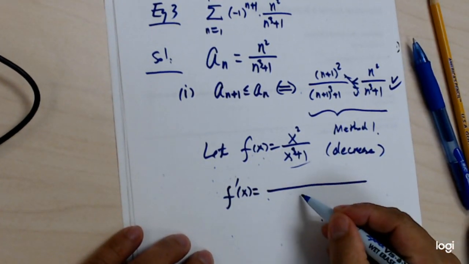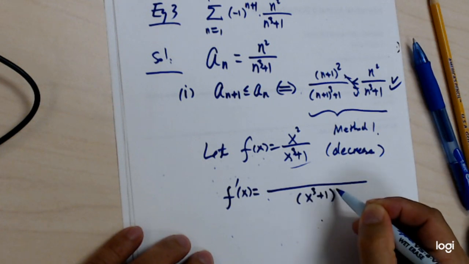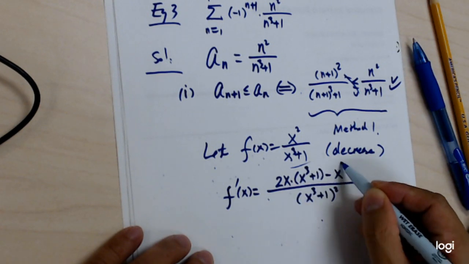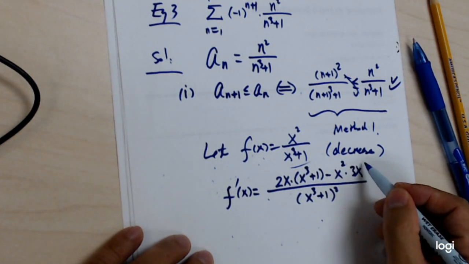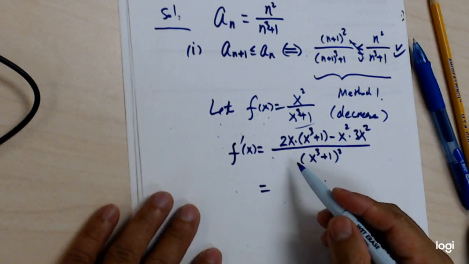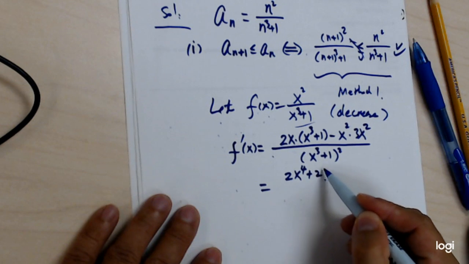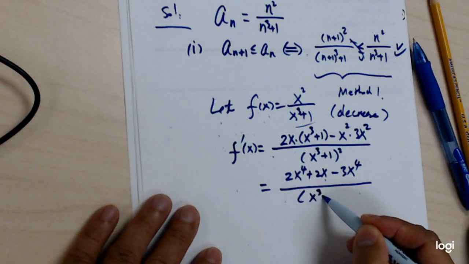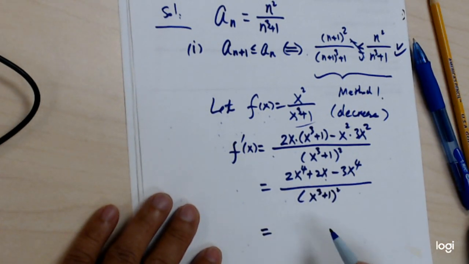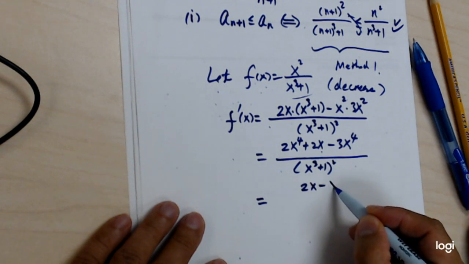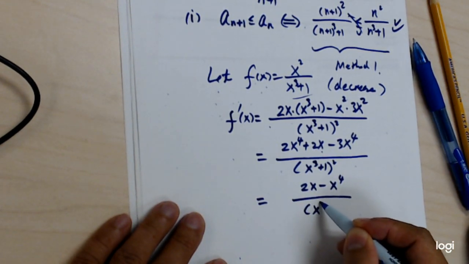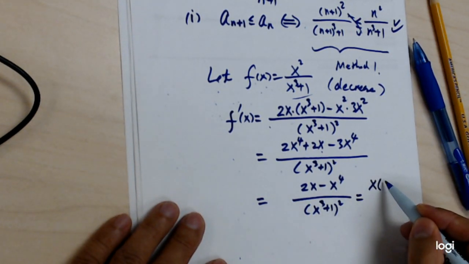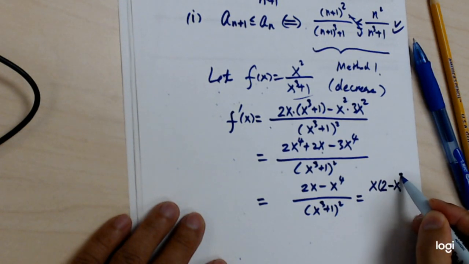Use the quotient rule. I can even take an x out. That's x times 2 minus x cubed.